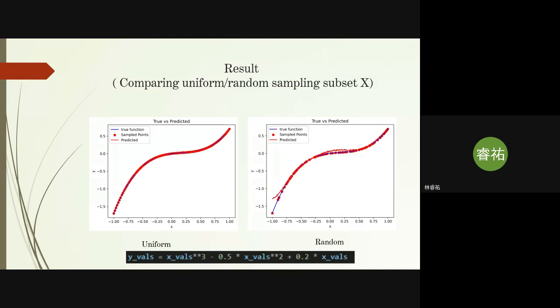And in the right graph, we don't constrain the sampling subset X when we train the model, so the model only knows about the Y value. I think the model cannot really predict the actual X value. You can see the bias between the actual function and the DNN prediction.